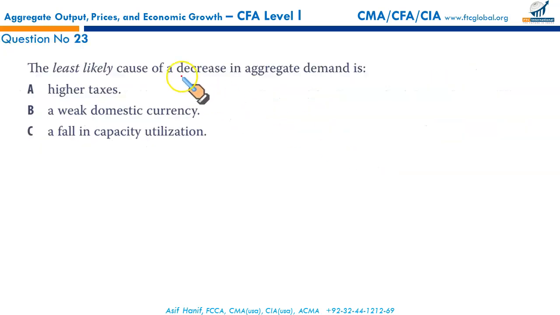The least likely cause of decrease in aggregate demand. Well, higher taxes will decrease the aggregate demand, so this is a likely cause of decrease in demand. A fall in capacity utilization, yes, this is a cause of decrease in demand. But a weak domestic currency means that your export prices are attractive, so that would result in more exports, which would increase your aggregate demand.